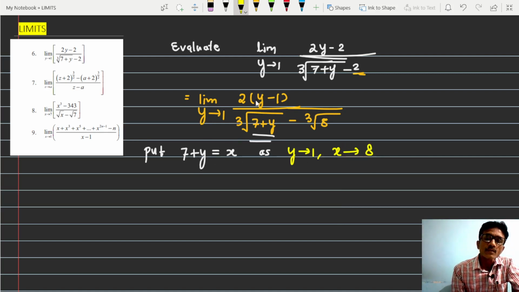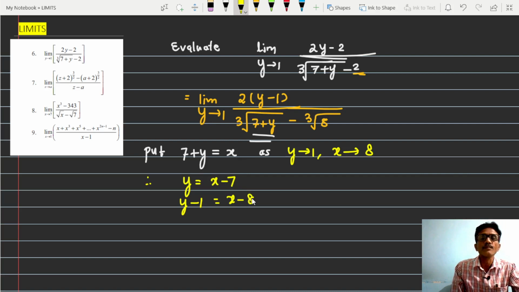Now y minus 1 will be equal to how much? Y is equal to x minus 7 here, and y minus 1 will be x minus 7 minus 1, that is x minus 8.